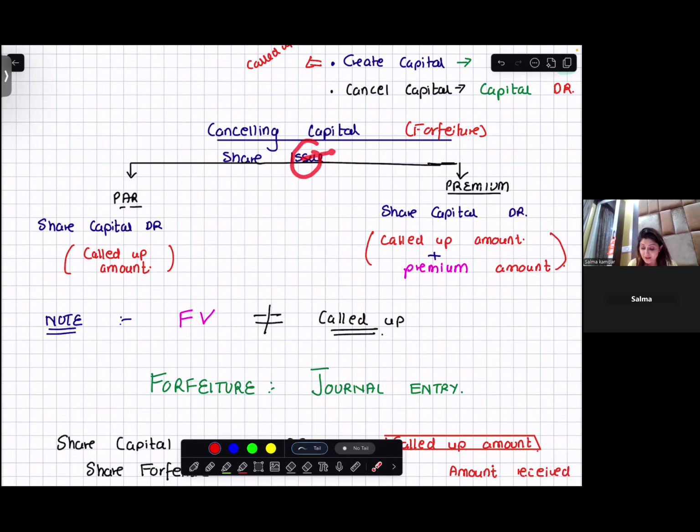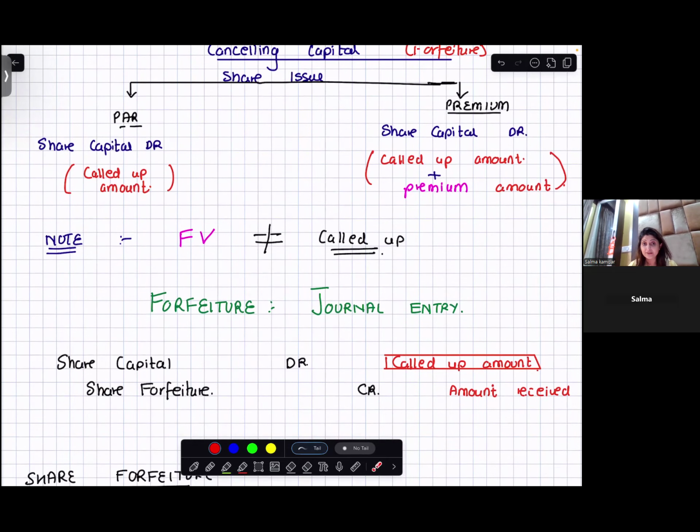If your shares were issued at premium and you are cancelling your capital, your share capital would be debited by your called up amount plus the premium amount if you have received it. It is very important that the face value is separate, called up amount is separate. Called up amount is only the amount that you've asked your shareholders to pay you.